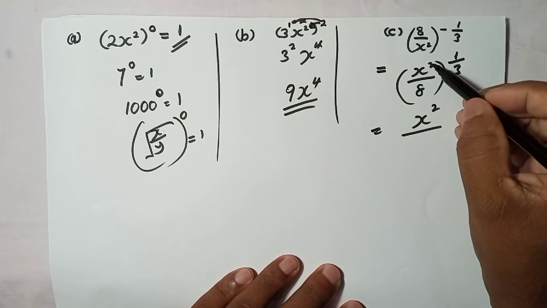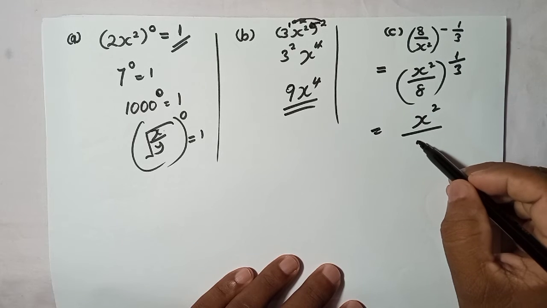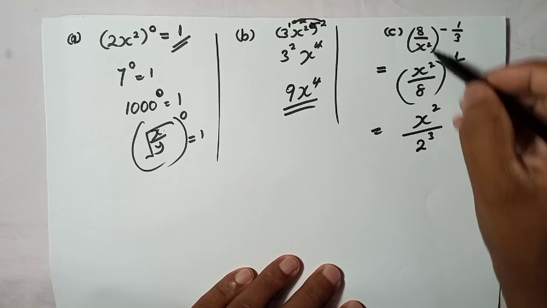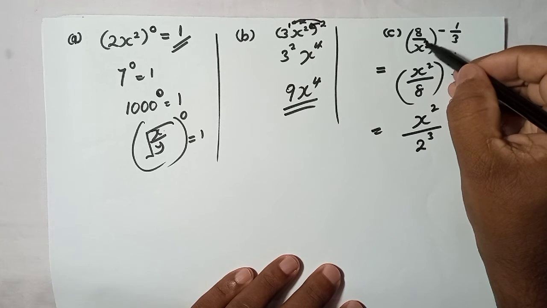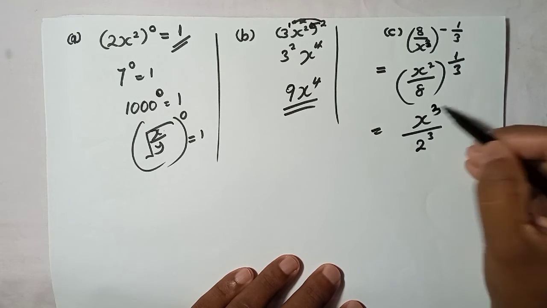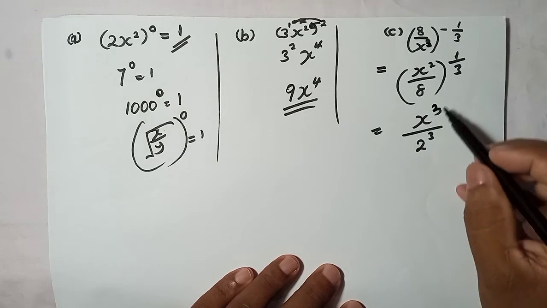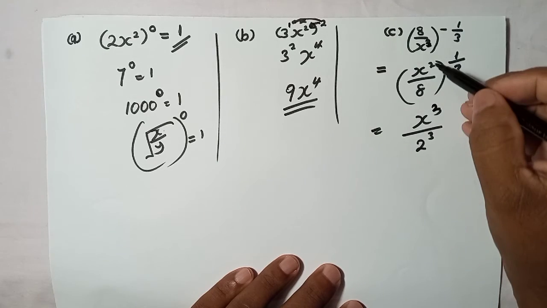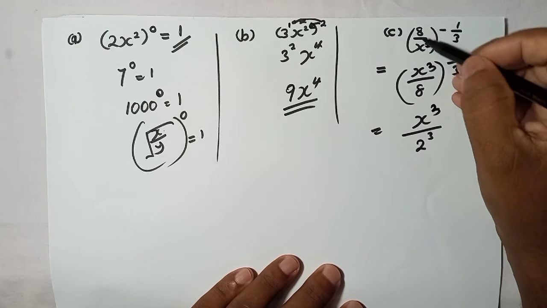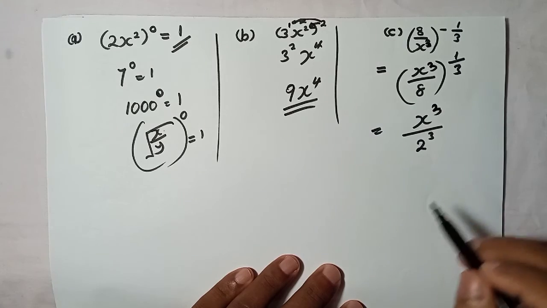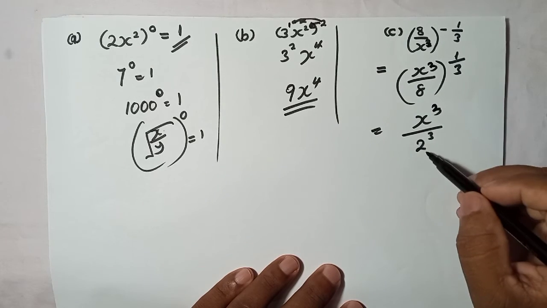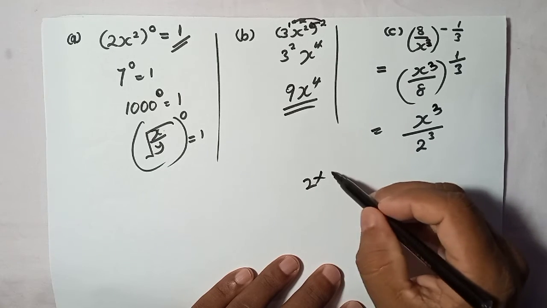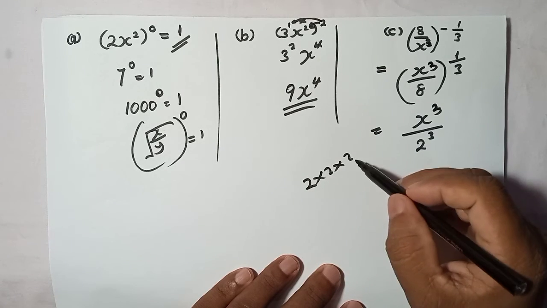Sorry, here it was actually x cubed, so here also x cubed, x to the power 3. Now 8 I could write as 2 to the power 3, because 8 means 2 into 2 into 2: 2 into 2 is 4, 4 into 2 is 8.